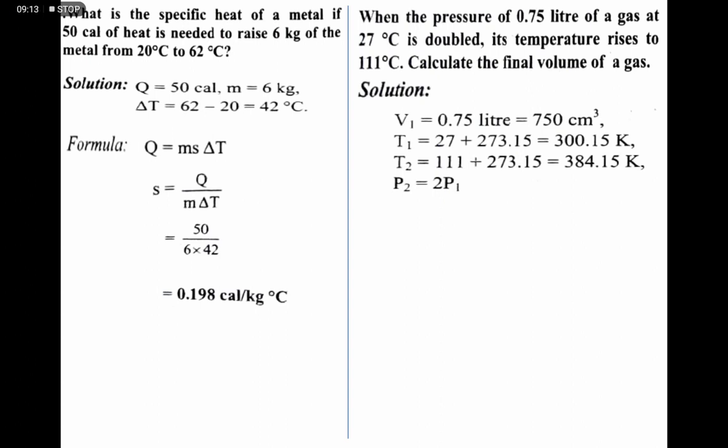Similarly, convert temperature T2, that is 111 degrees Celsius, into Kelvin. So this becomes 111 plus 273.15, it is 384.15 Kelvin. And the condition is second time the pressure becomes double. So P2 is equal to twice of P1.